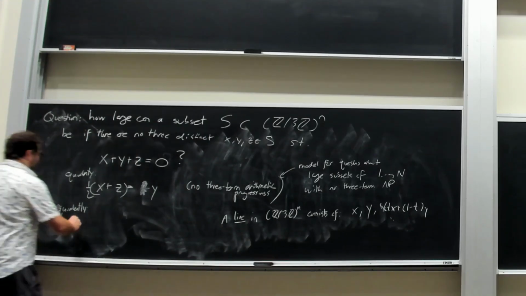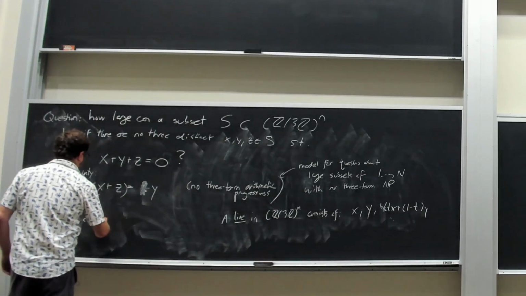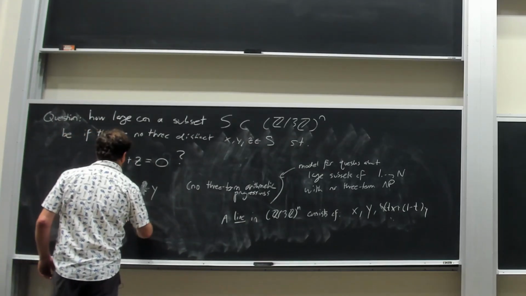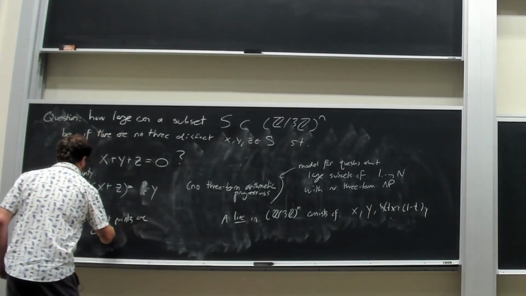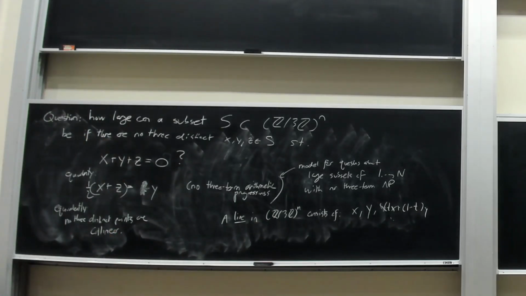So equivalently, no 3 distinct points are collinear.